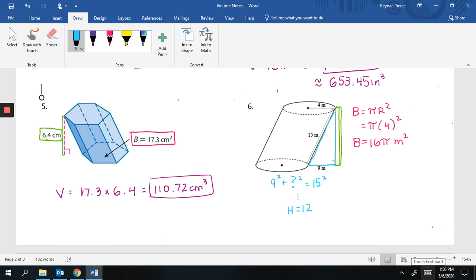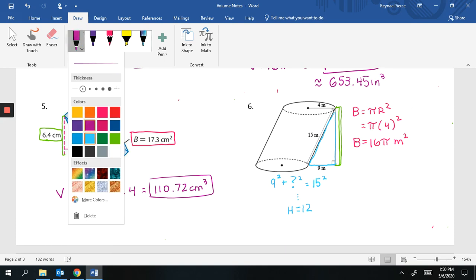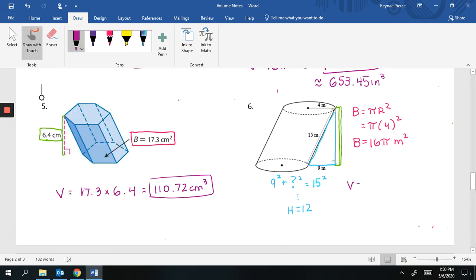So to find the volume, we take the area of our base times our height, for an exact answer of 192 pi, or an approximate answer of 603.19.